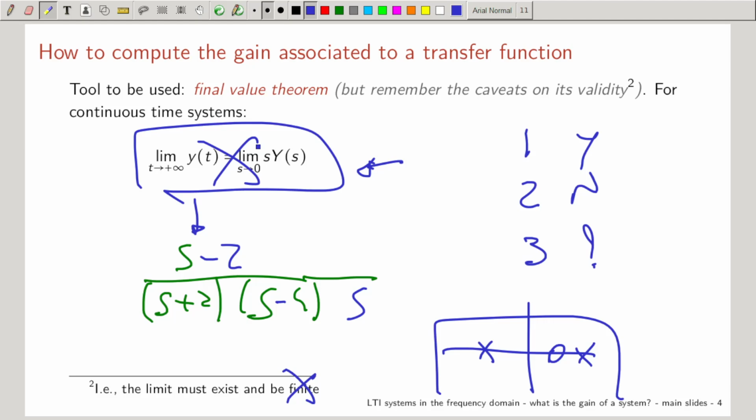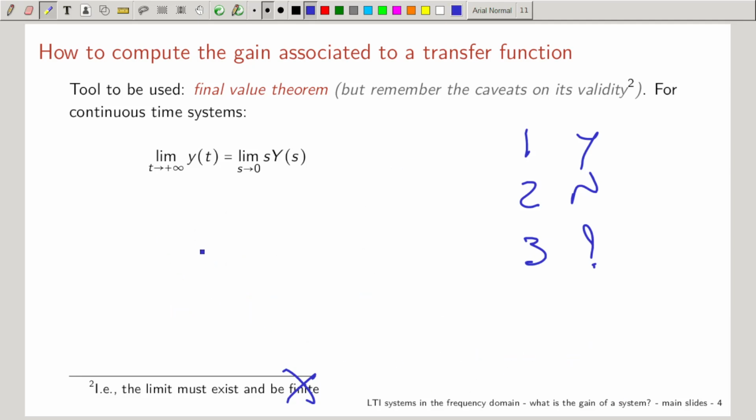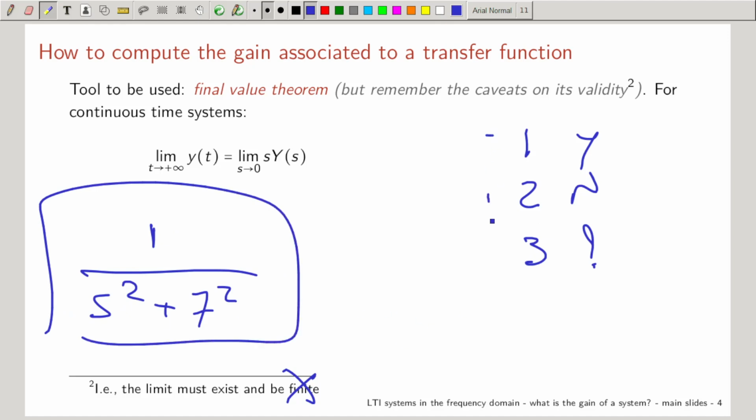Perfect. Can we apply the final value theorem to a y of t that looks like this one? 1 over s plus s squared plus 7 squared. Can I apply the final value theorem to this? Yes, no, I do not know.